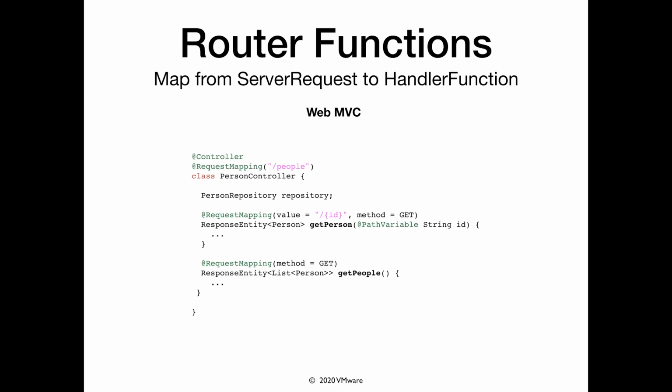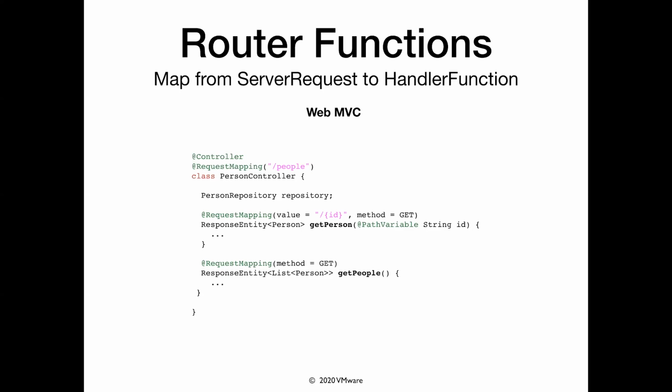Underneath there, we have the get person method, and then we say, well, for this method, it should append that /id path variable to people. So we end up with /people/path variable ID. The method should be get, and I left out the body of the code here because it's not that interesting. And the same applies to get people, we just have a request mapping method.